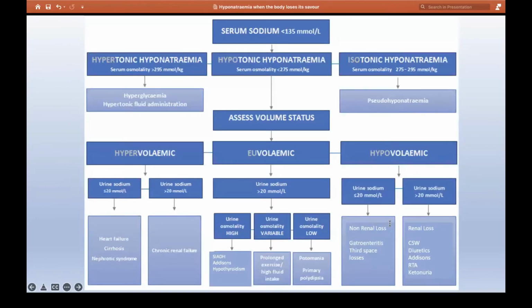So if I may revisit what I have spoken of, when sodium levels are low, you have to have in the back of your mind, am I dealing with a peculiar condition where the solutes in the body are high? Is it because there are high sugar levels? If that is the case, it's a hypertonic hyponatremia.